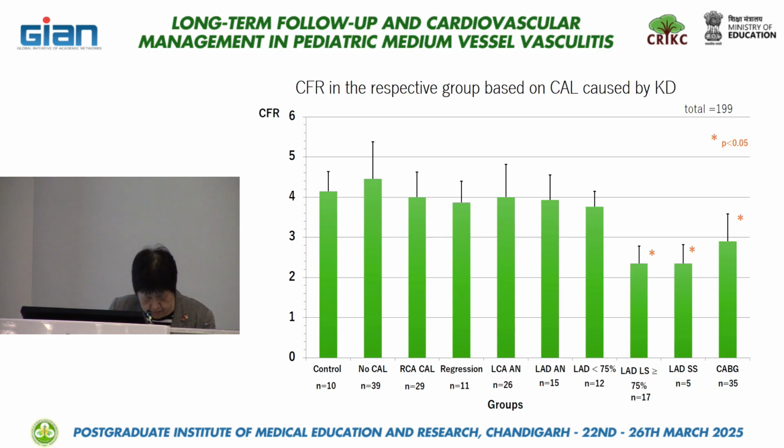This table shows the change of heart rate and blood pressure at rest and during hyperemia in the respective group. CFR was significantly lower in the localized stenosis more than or equal to 75%, segmental stenosis and coronary artery grafting group than in the other group.